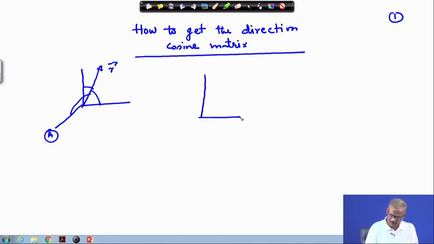Okay. Say this one is x 1, x 2, and there is a vector r whose coordinates are x 1, let us make this y 1, x 1 y 1. So, in this coordinate frame x 1 y 1, its coordinates are x 1 and y 1.